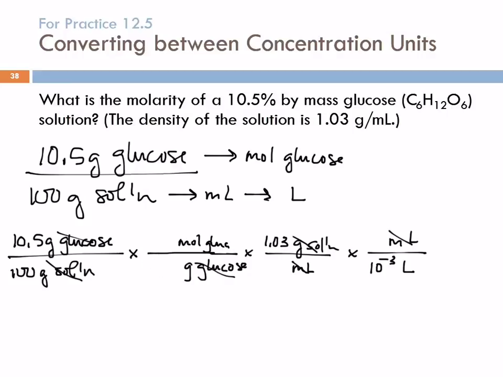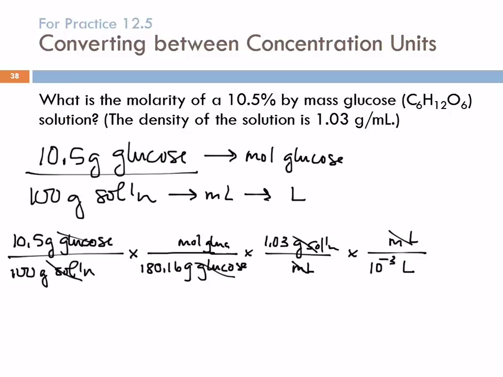Grams per mole, I need the molar mass of glucose, 6 times 12.01 plus 12 times 1.008 plus 6 times 16, 180.16.